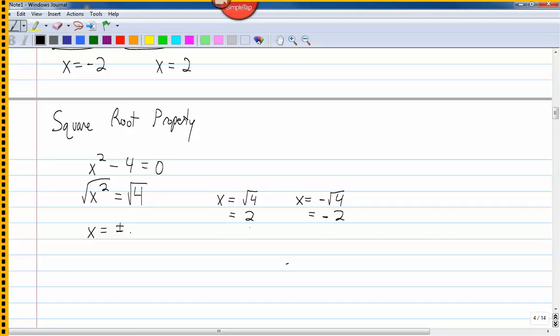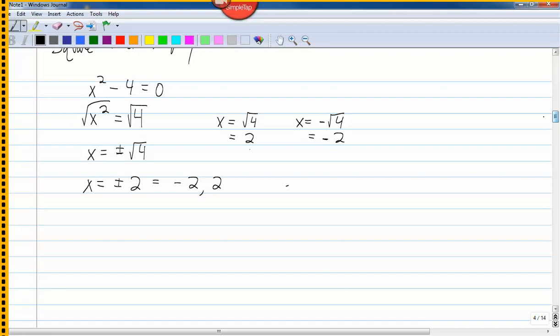So x is equal to plus or minus the square root of 4. Plus or minus means a positive square root of 4 and a negative square root of 4. Well, we all know that would be plus or minus 2, which means negative 2 and positive 2. So I did the same thing. It's just how you would work that out if you were just thinking about it using square roots like that. Usually that's how we're taught in school.